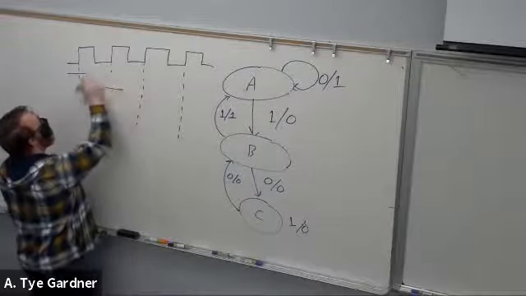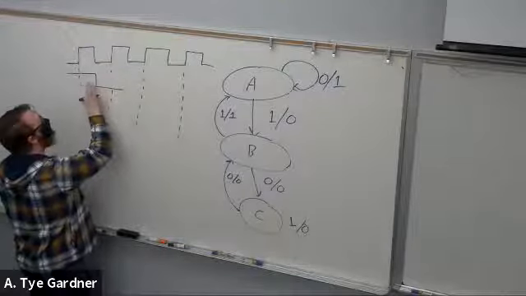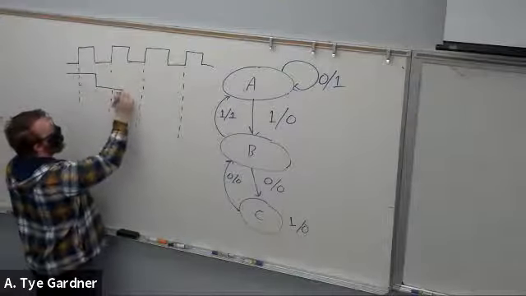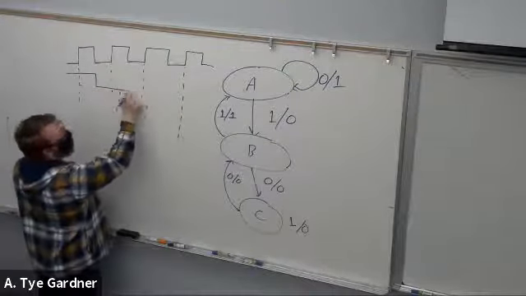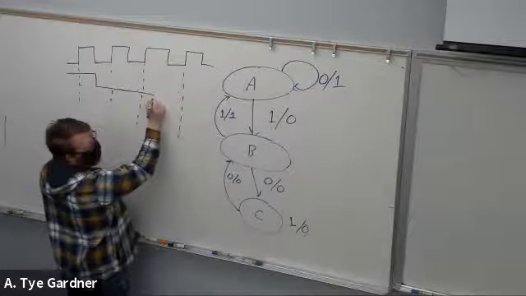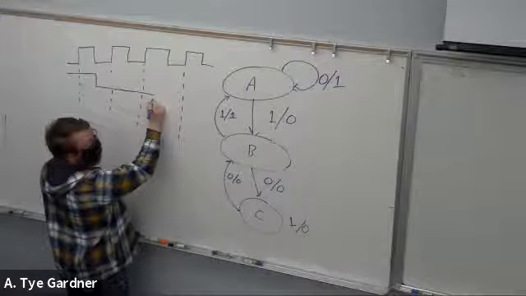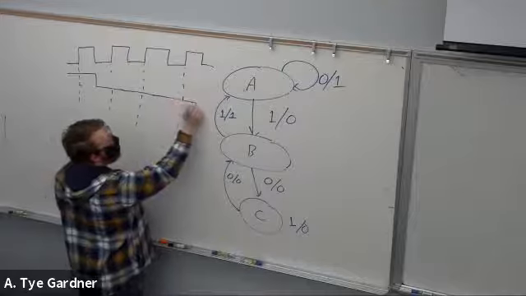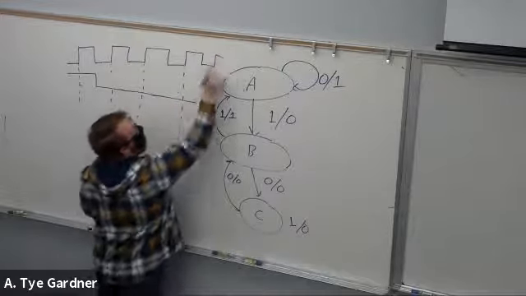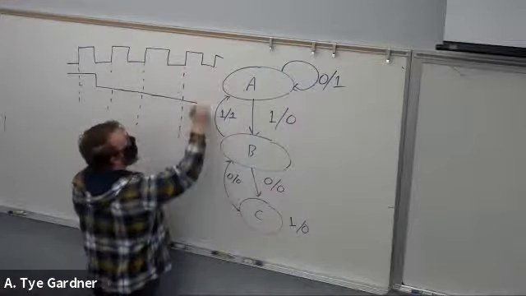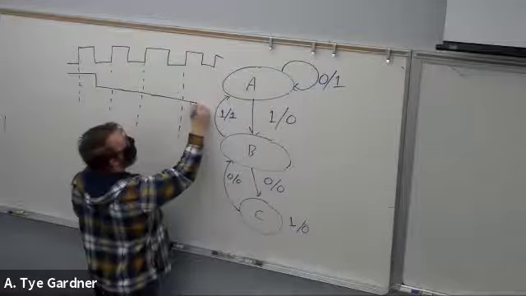That's actually probably a better spot to do it. So 1, 0, 0, 0. And then I want to do 1.